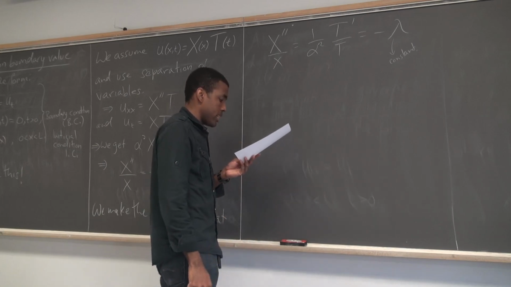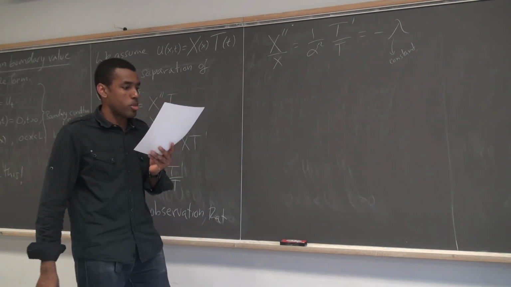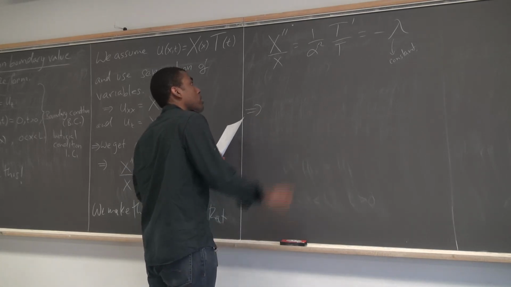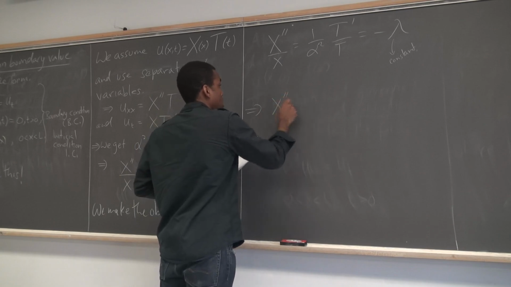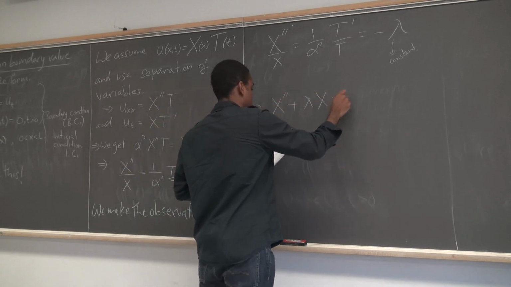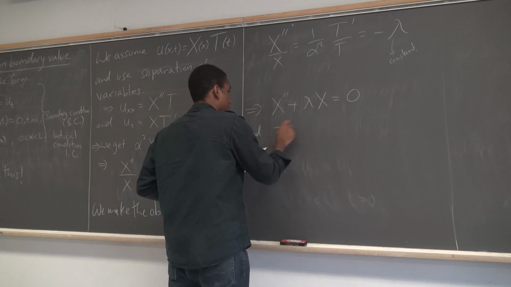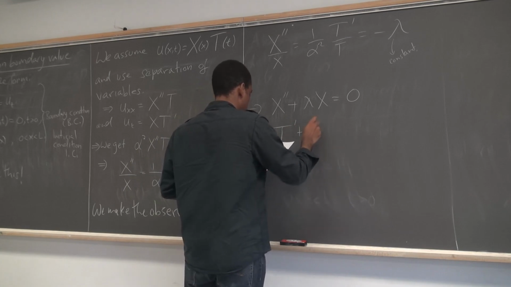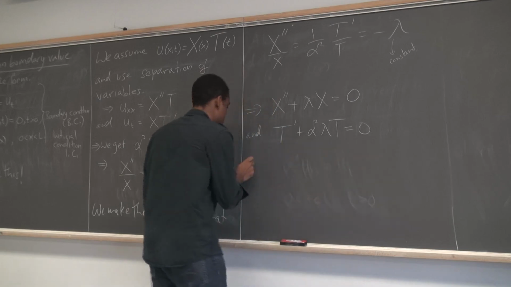But I just want to really get to the crux of the problem, so I'm going really fast through where it all comes from. So if we assume that these are constant, then we would end up with two equations: X double prime plus lambda X equals 0, and T prime plus alpha squared lambda T equals 0.